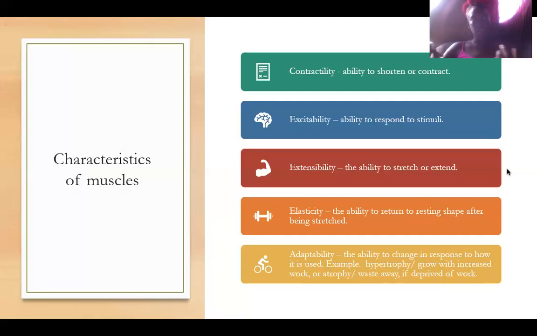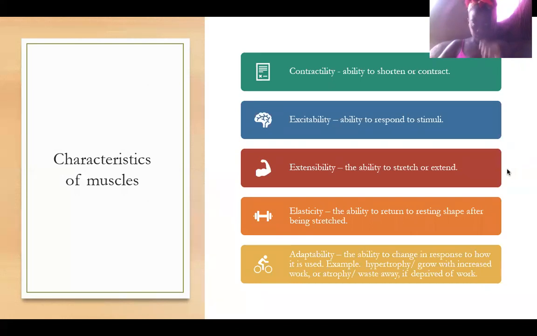After you stretch your muscle, you don't want it to remain in that stretched position. You would want it to come back into its normal length. That is elasticity. And the last one is adaptability. What we mean by adaptability is that it can change in response to how it is used.